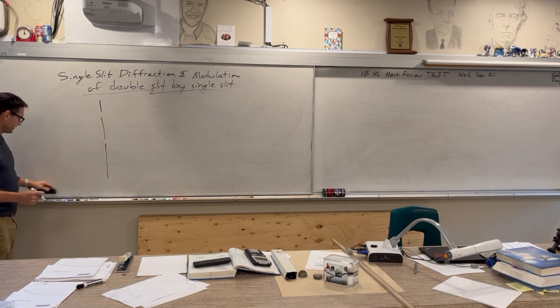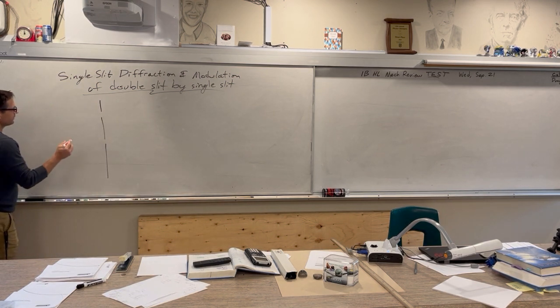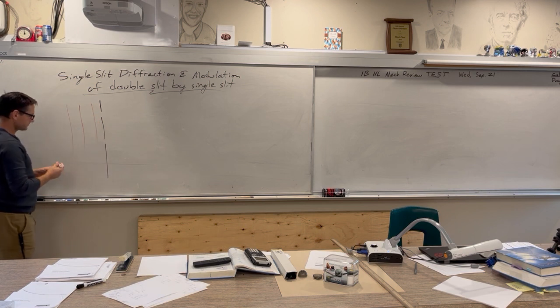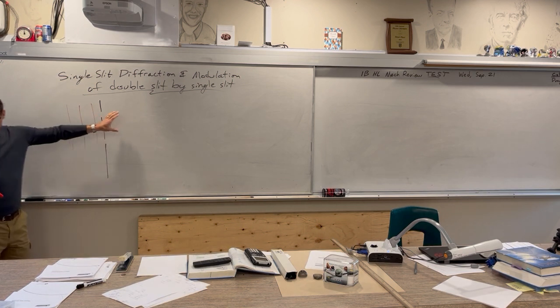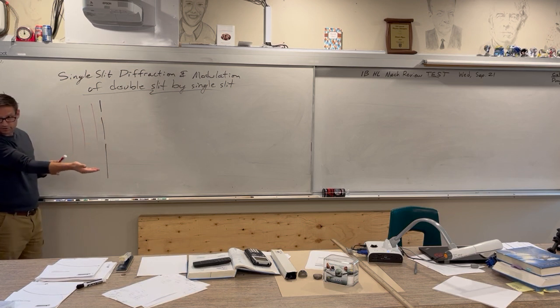So these two are slits. And the waves come along, right? You're going to have the waves go out and you're going to have a bright spot in the middle, and then at some angle you're going to have another bright spot, right?